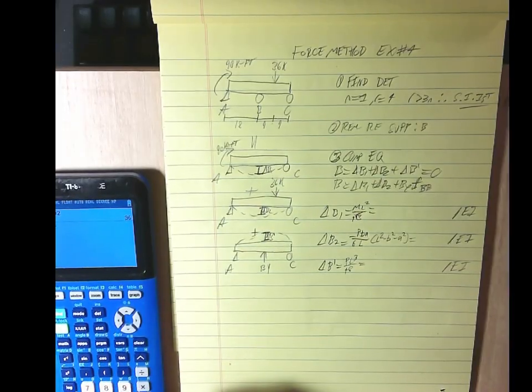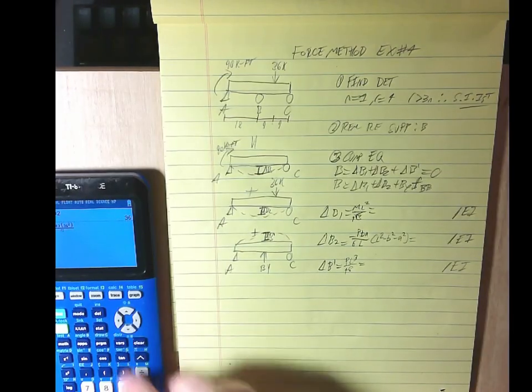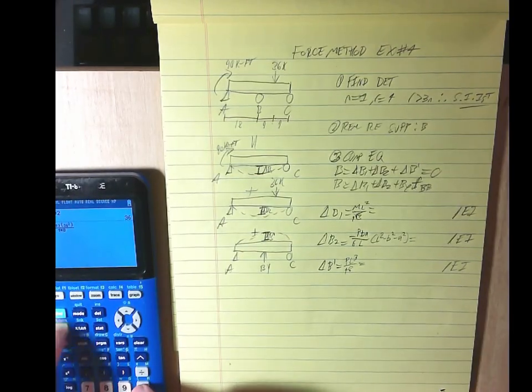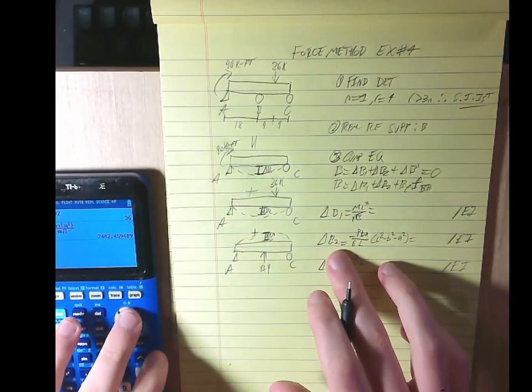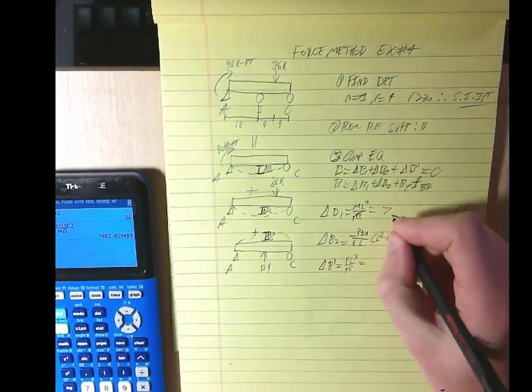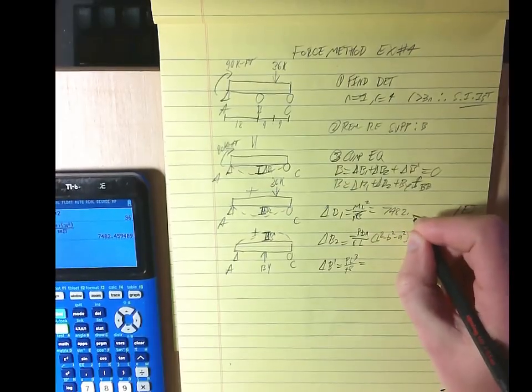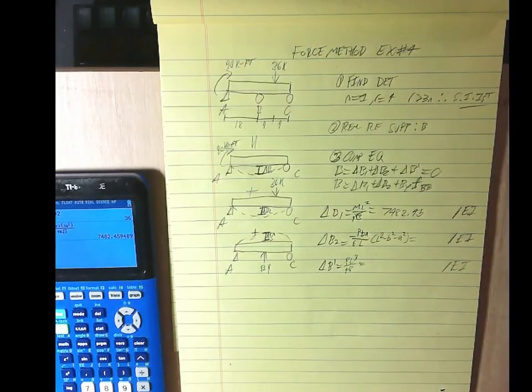So 90 times 36 squared over 9 times square root of 3. Okay, I'm getting 7482.45. And then for this next one, this is a doozy.